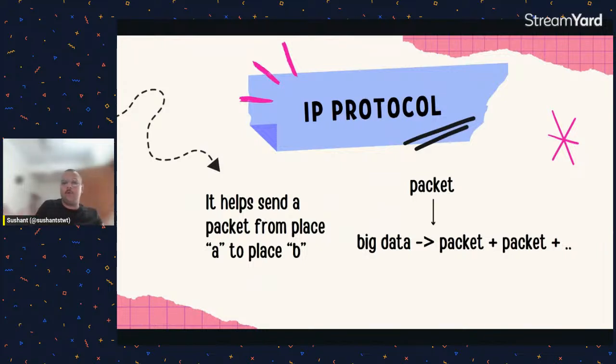If you have ever downloaded a file, like a cracked game, which is generally very huge, like 1 to 2 GBs, I can't just directly send it to you. I need to break it down into chunks and send it chunk by chunk. IP protocol helps with that. Its job is to send data, and how to send data, we'll see further.